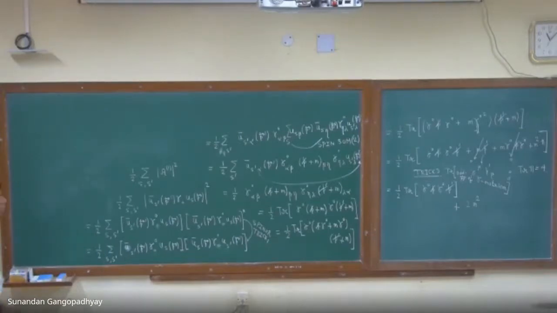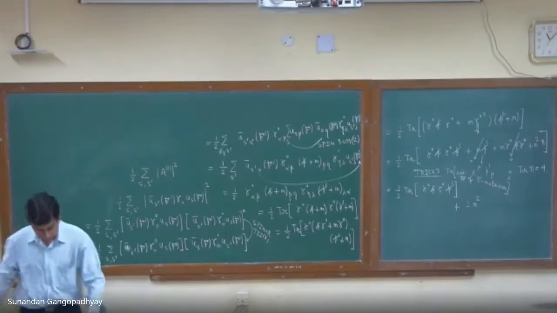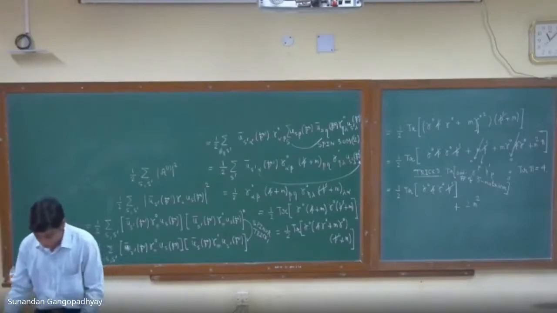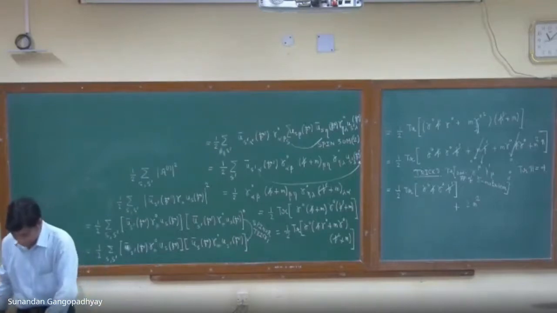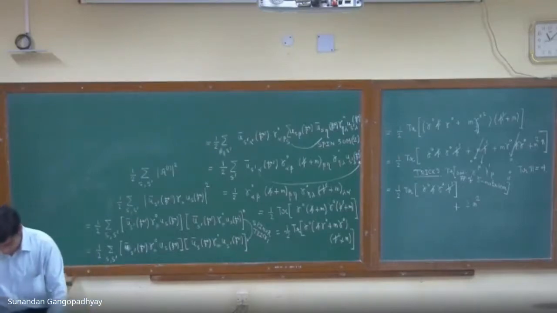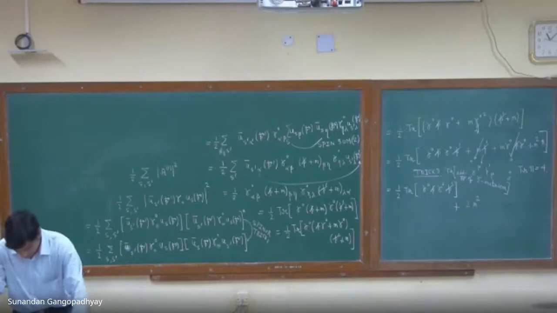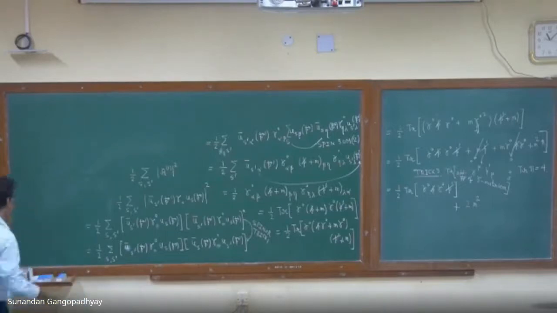So now we need to calculate the trace of the other part, the non-trivial part. And for that, what we need to do is use the following formula. We have to use this formula.